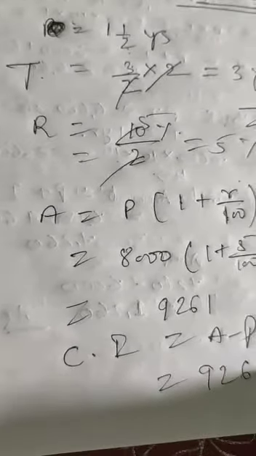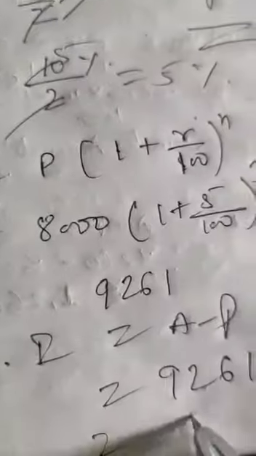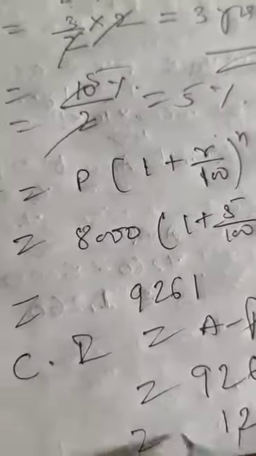Then CI you can find out. CI equals amount minus principal. 9261 minus principal, how much? 8000. So your answer would be 1261. 1261 is your answer, children.